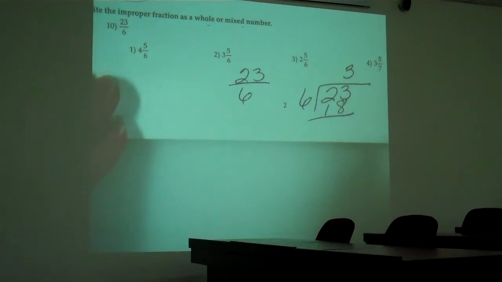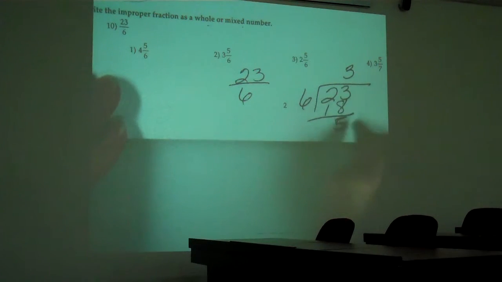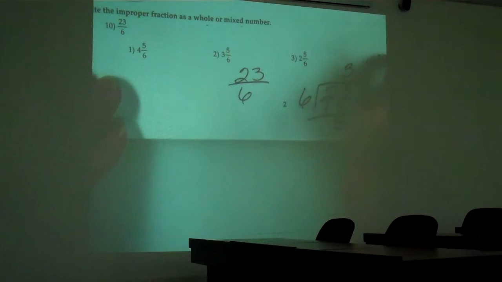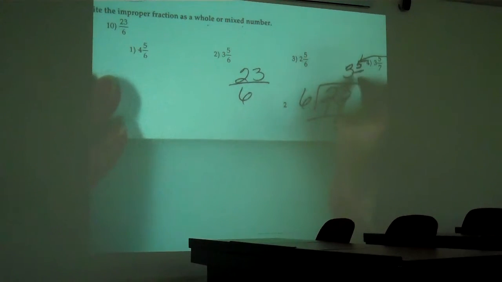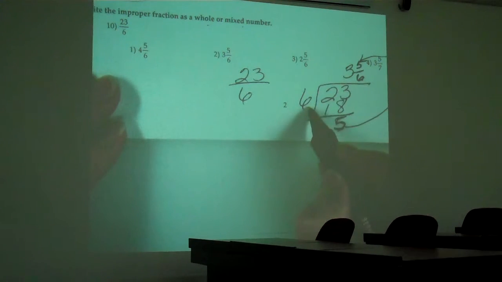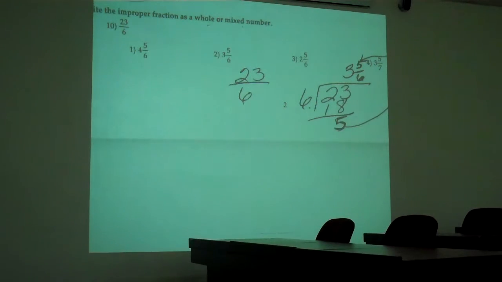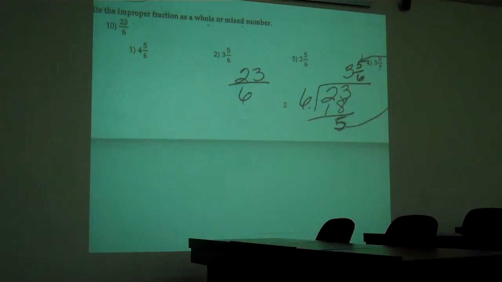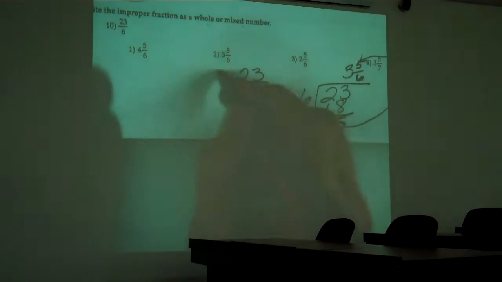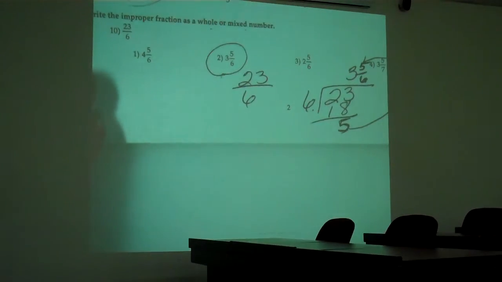How many is left over? 5. The remainder, don't put R. The remainder goes on top, and the 6 is still going to be our denominator. It's still going to be down here. This outside goes right there. So 3 and 5/6, which is number 2.